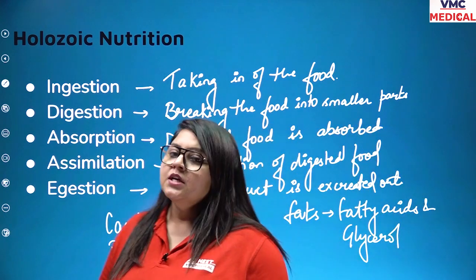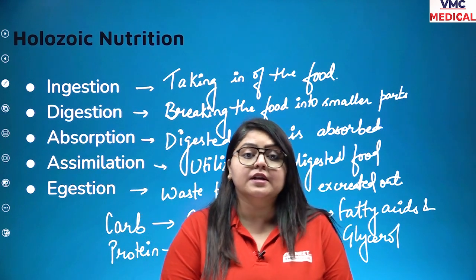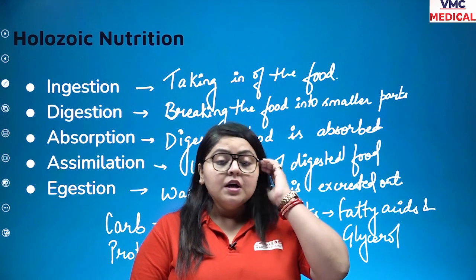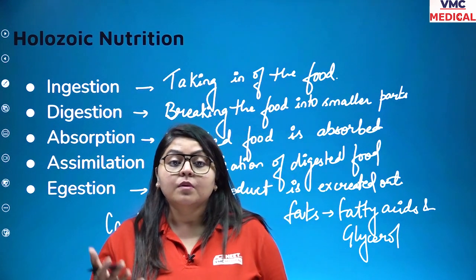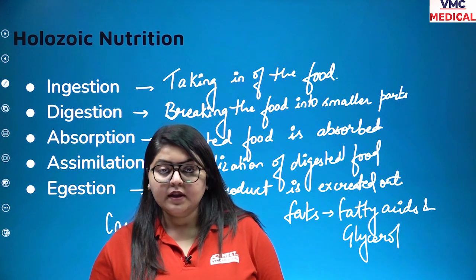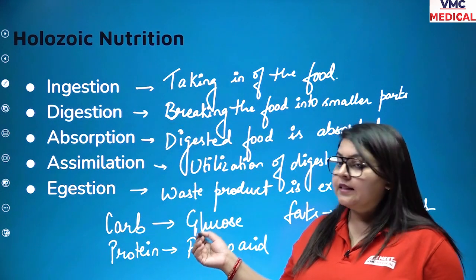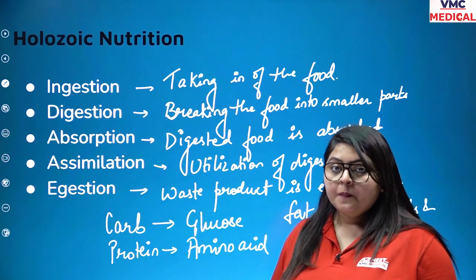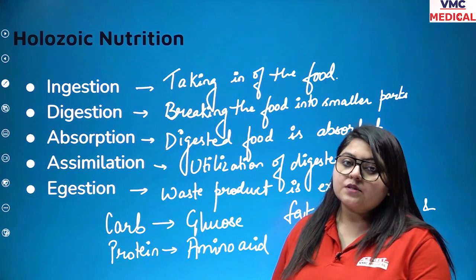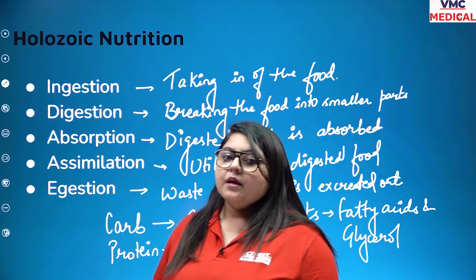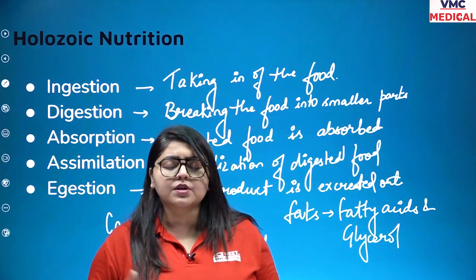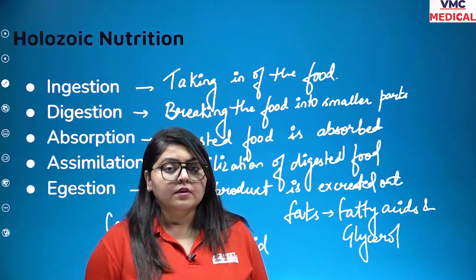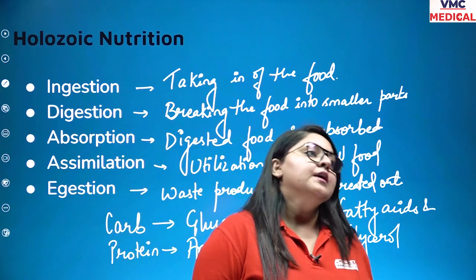Talking about assimilation, all the things you have absorbed, for example, you have eaten food and you have got energy, right? But over here, if I talk about energy, how did you get the energy? From glucose. Clear. Basically that glucose which is absorbed by your body is actually utilized to give you energy. Okay. Further, respiration will happen. Then talking about digestion, whatever undigested part is left in your body is excreted out by your body, so there is no requirement of that. Right? Is it clear?